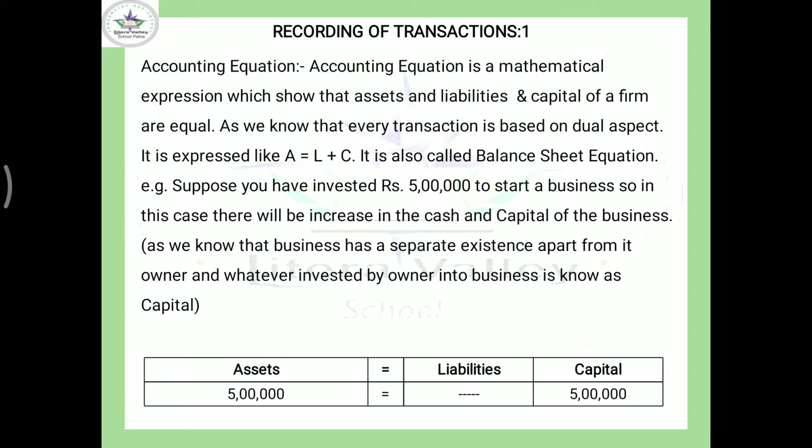Business is totally separate from its owner, the proprietor, and normally we record transactions in the books of business. So you have to analyze the transaction from the point of view of business. Think in depth a bit.